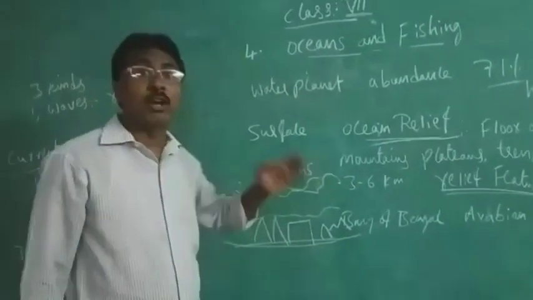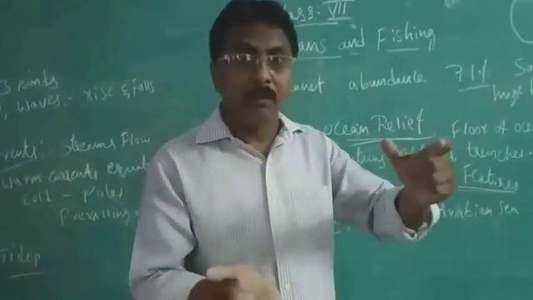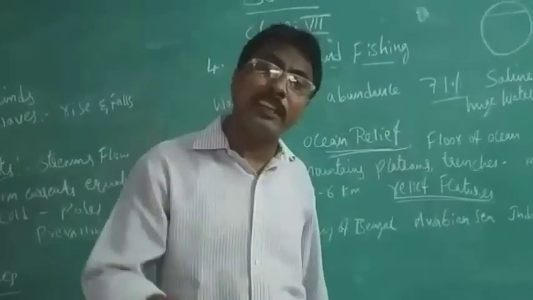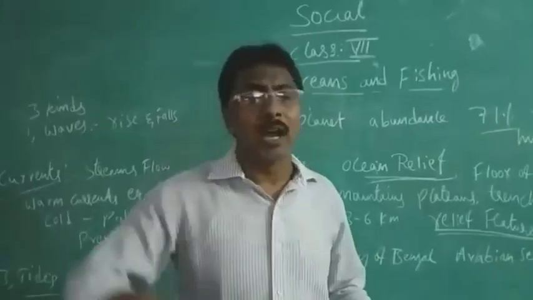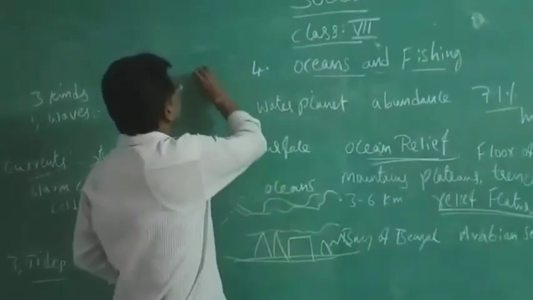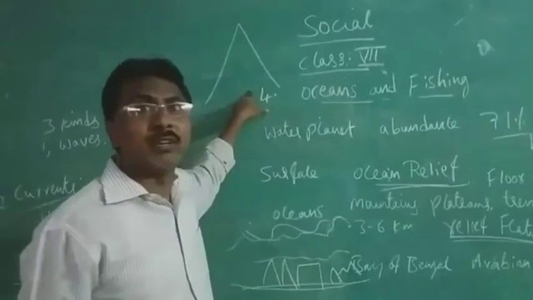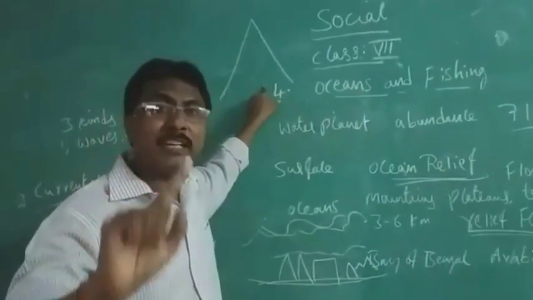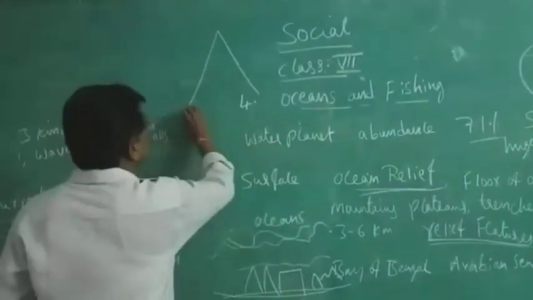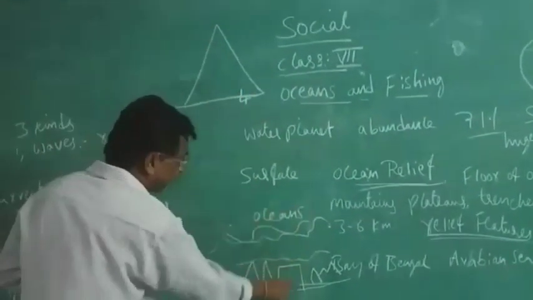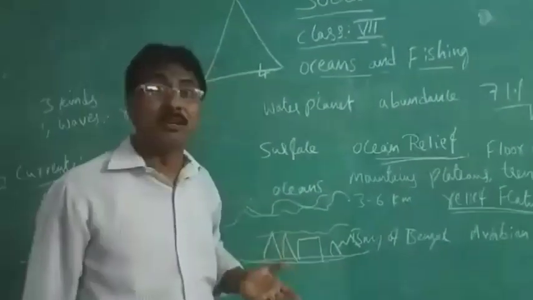Let me tell you how deep an ocean is. Mount Everest, the highest peak in the world, is 8,848 meters high. If you cut it and put it in the ocean, it will go inside completely.